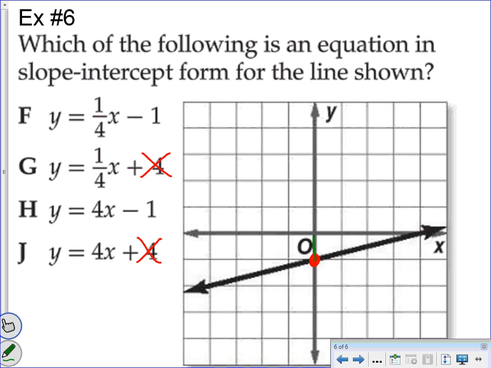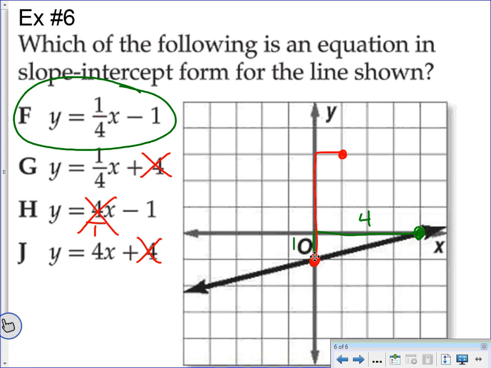So I'm going to go up 1 and over 4. That's up 1 and over 4. That is the slope for F, so I'm going to go ahead and go with that one. H would have been 4 over 1, and I do not need to go up 4 places and over 1. That's why H is not the correct answer. And that's the end of graphing in slope-intercept form.